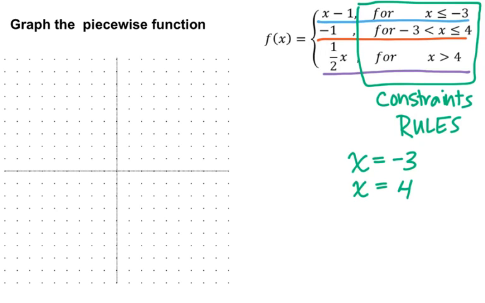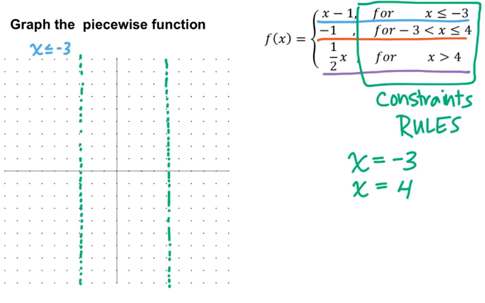So I'm going to draw that over here on my graph. Remember, x equals represents a vertical line, so I have an invisible vertical boundary at x equals -3, as well as over here, I'm drawing a dotted line at x equals +4. So you'll notice we have a region where x is less than or equal to -3.